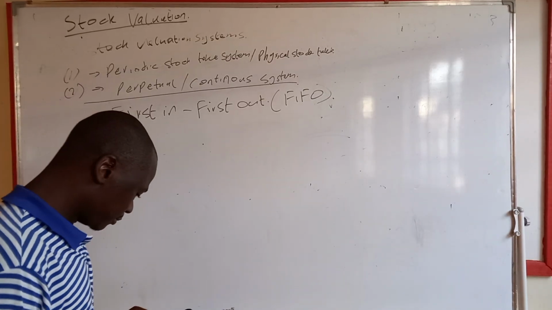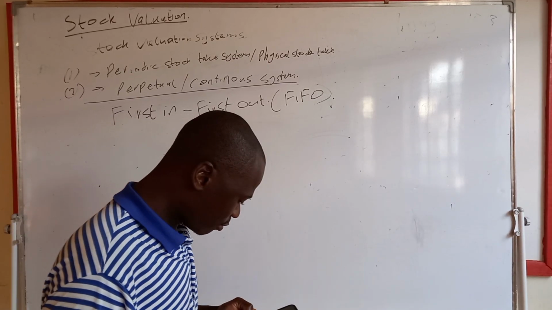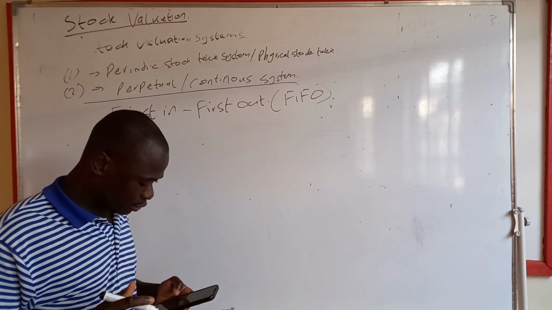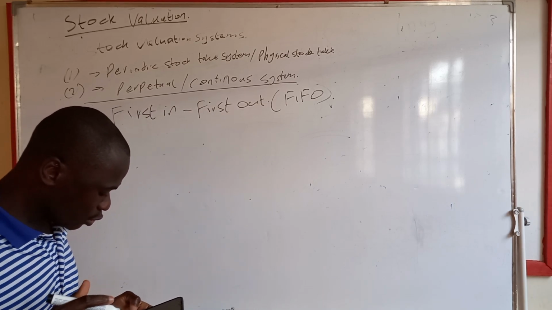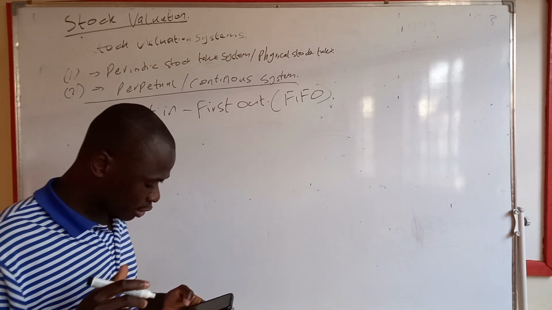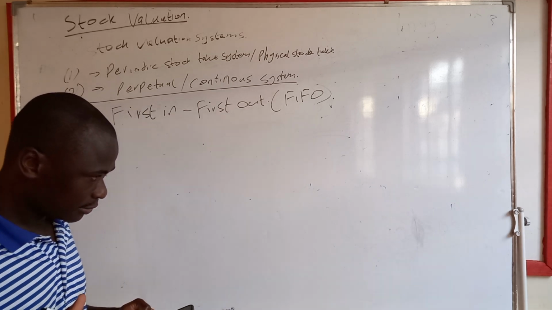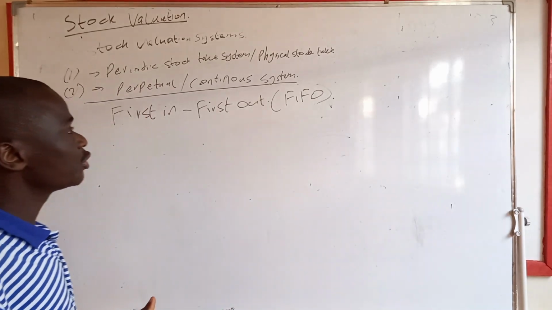What is FIFO? This is an accounting method of inventory valuation based on the assumption that goods are sold or used in the same chronological order in which they are bought.